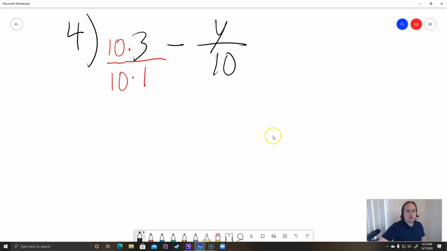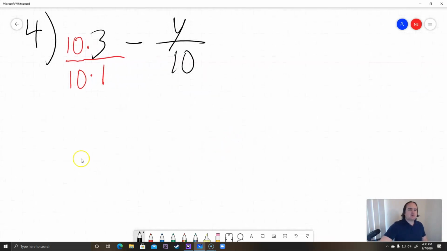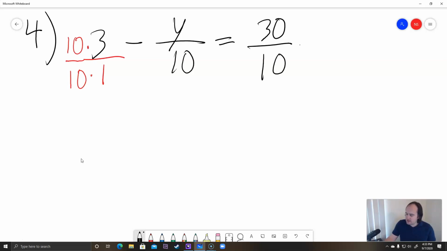Okay? So what does that give us? Well, on the top we have 10 times 3 is 30, and on the bottom we have 10 times 1 is 10. So we have 30 over 10 minus y over 10.